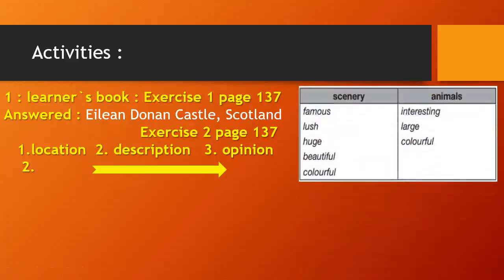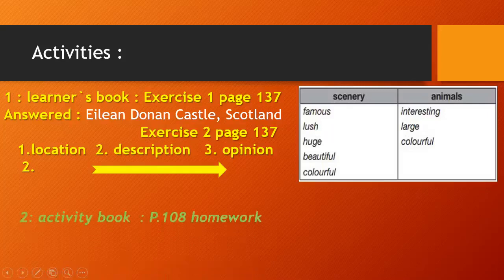If we are talking about the scenery, we'll find these adjectives: famous, lush, huge, beautiful, and colorful. What about animals? If we are going to talk about animals, we'll find these adjectives: interesting, large, and colorful. That's fine about our learner's book.